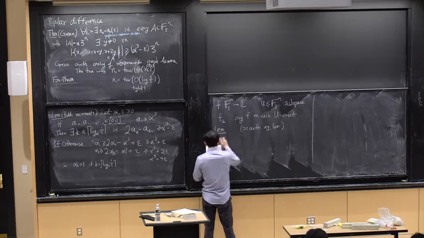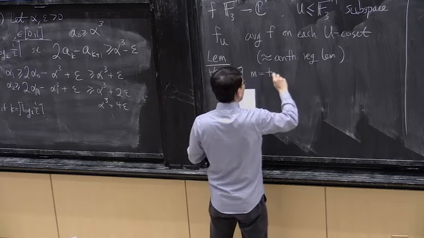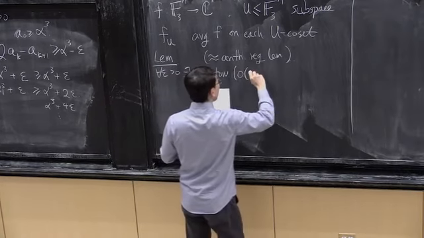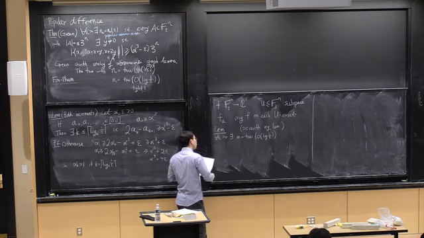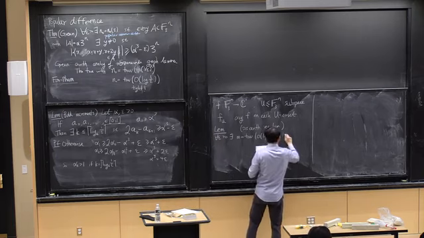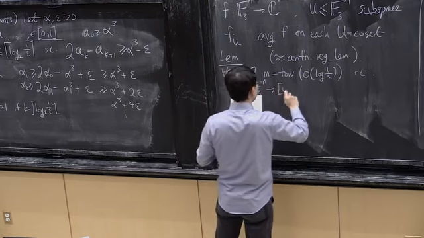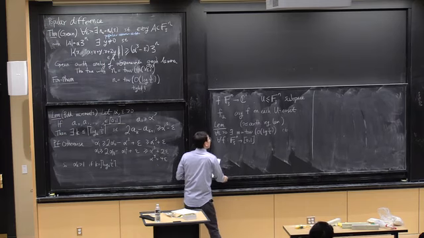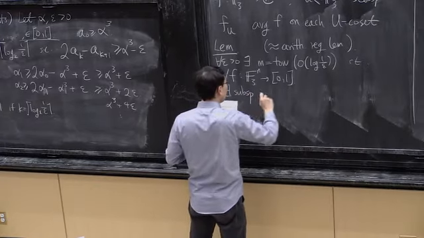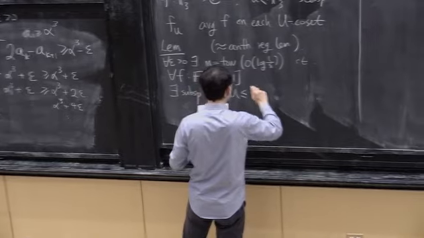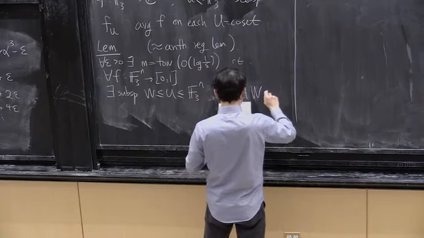The statement is that for every epsilon, there exists some m, which is a function of epsilon, and in fact it will be bounded by a tower of height at most order logarithmic in 1 over epsilon, such that for every function f on F3 to the n with values bounded between 0 and 1, there exist subspaces W and U where the codimension of W is at most m.